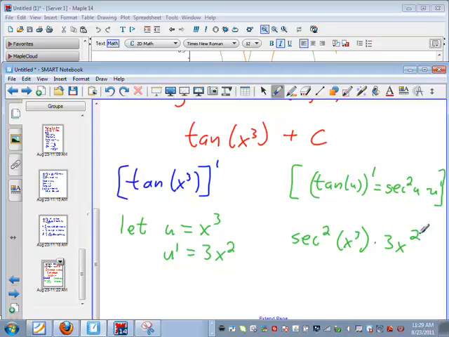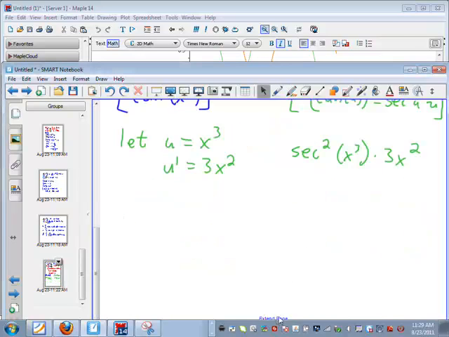No problem. That's what we did in Calc 1. Now we're in Calc 2. I'm now presenting you with the antiderivative of secant squared x cubed times 3x squared dx.